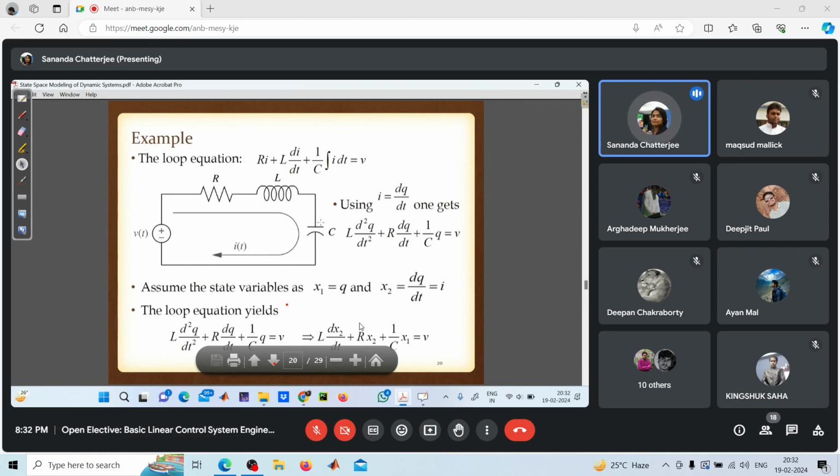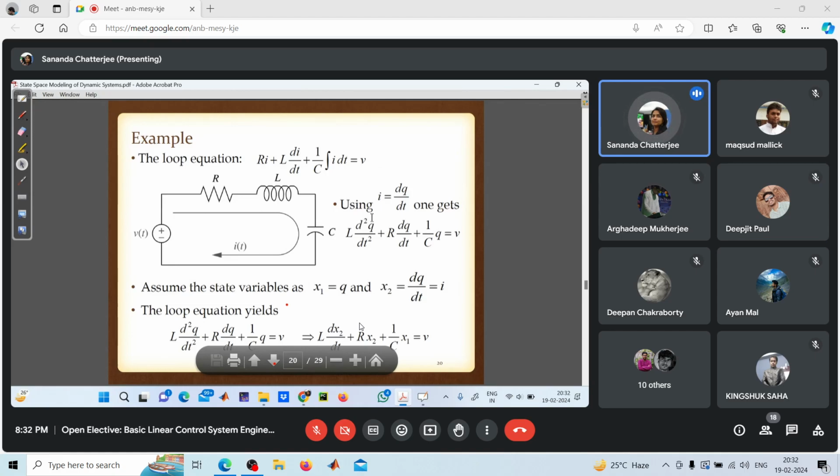What are the energy storing elements involved in this system? Inductor and capacitor. Yes, so energy is stored as magnetic energy in the inductor and as electric field energy in the capacitor.